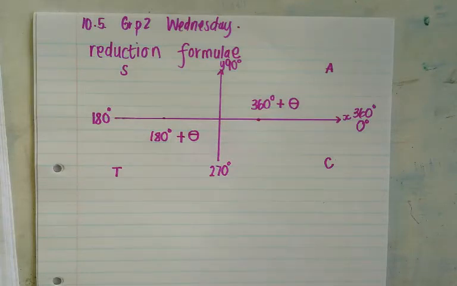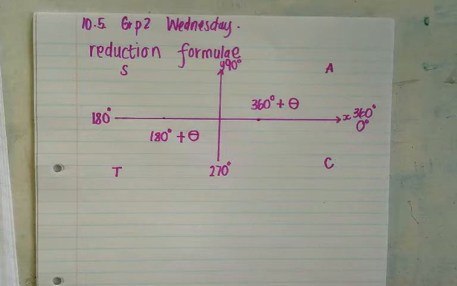Or let's say 200. 180 plus theta, what is the theta that I'm looking at? What gets me from 180 to 200? 20 degrees. So if I just find 20 degrees, it gives me the same y value.